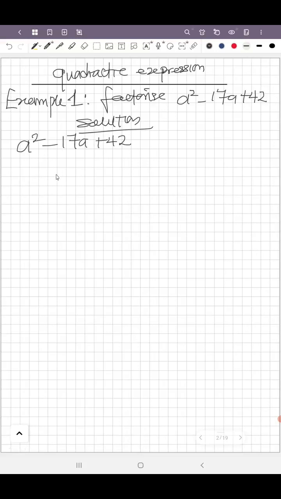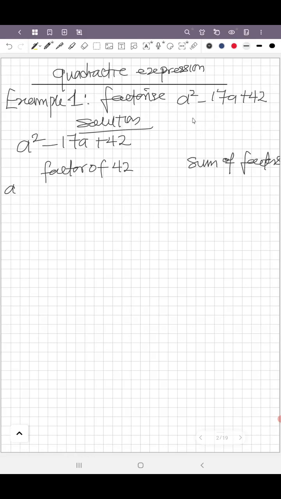You split it. You find the factors of 42. You also find the sum of the factors.